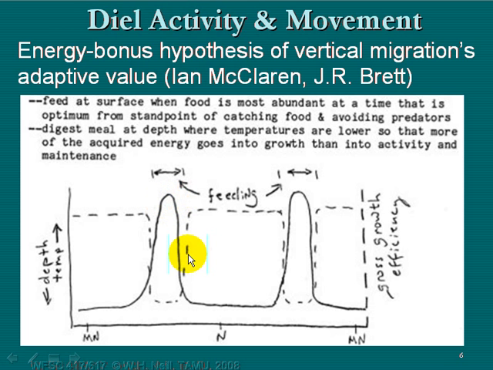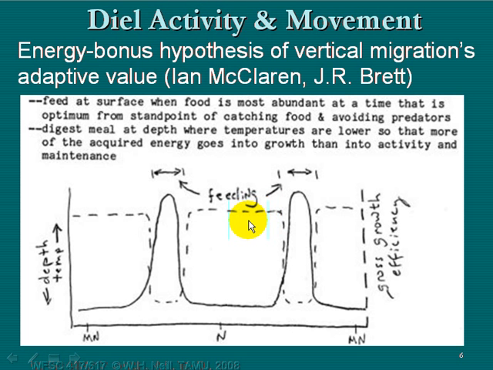And then it goes down in the water column, and during the day is deep, where the gross efficiency of food conversion is higher. That's the argument that J.R. Brett made, and he followed on the heels of Ian McLaren.